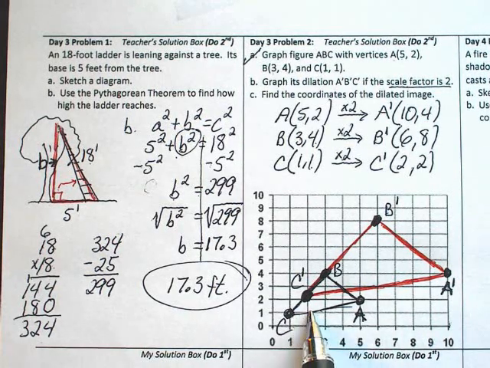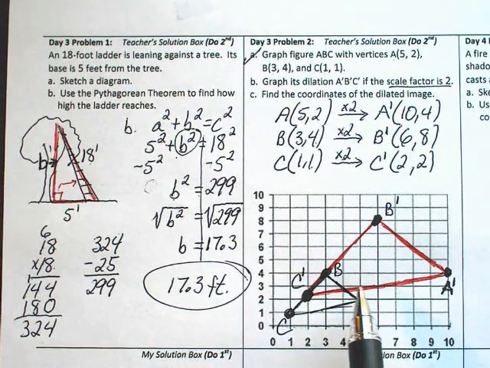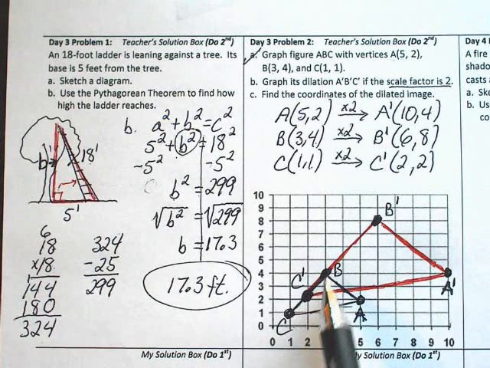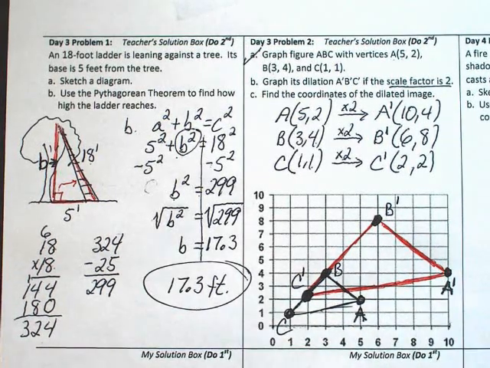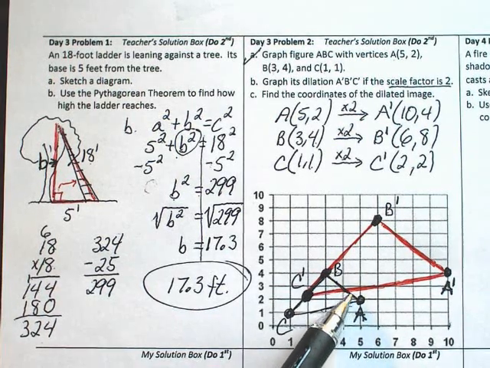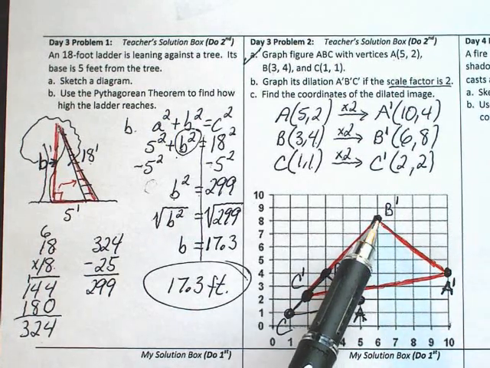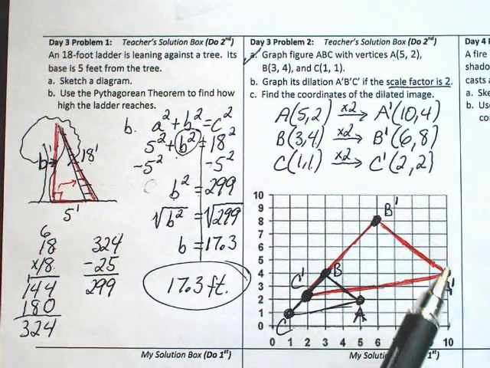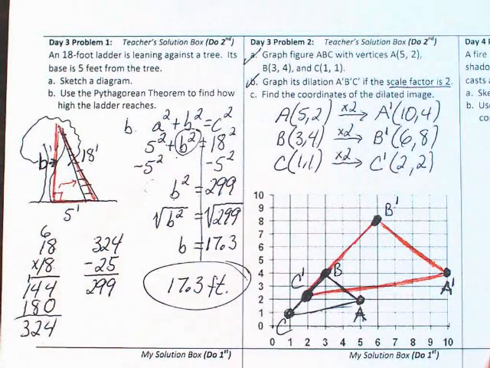So for instance, the side of this triangle, which appears this long in the original, has been multiplied by 2, and then in the new triangle in red ink, it is now twice as long. The same is true for this side. Originally, it is this long, and in the new red triangle, it is twice as long. Every distance has been multiplied by 2. That takes care of part B.